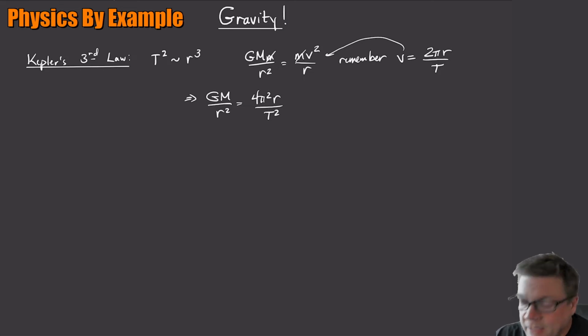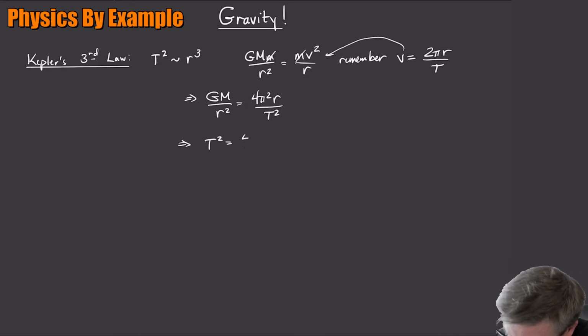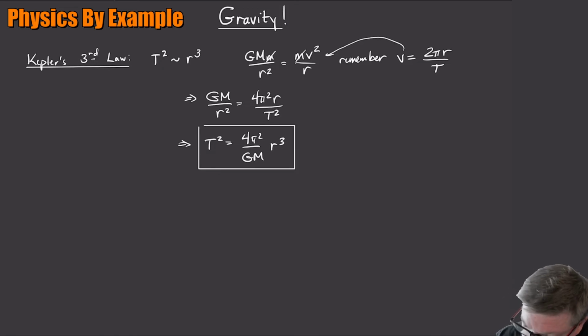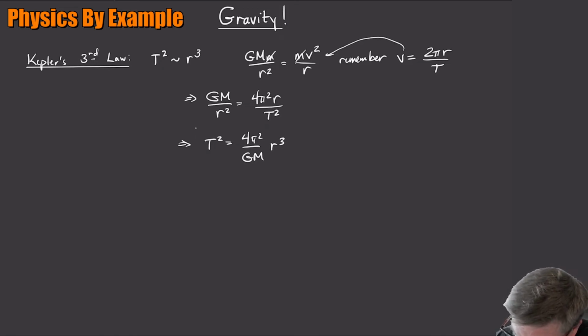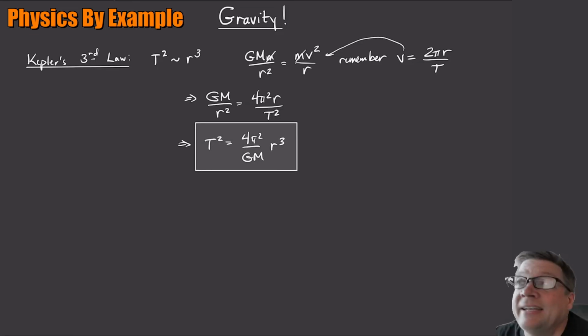And now what I'm going to do is just solve for T squared to make it look like Kepler's third law, right? So if I solve for T squared, then I'm going to have T squared is 4 pi squared over GM, times r cubed. And look, that's it. A nice shaded box. That's Kepler's third law.